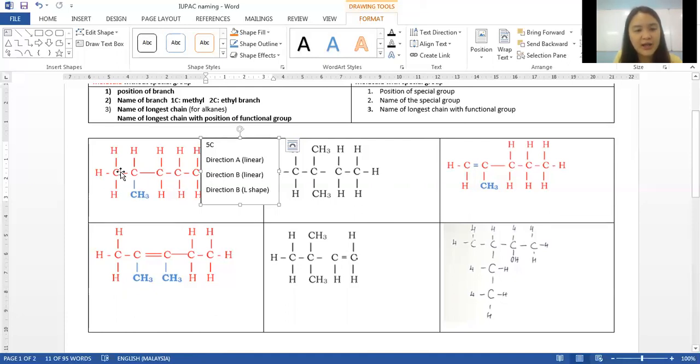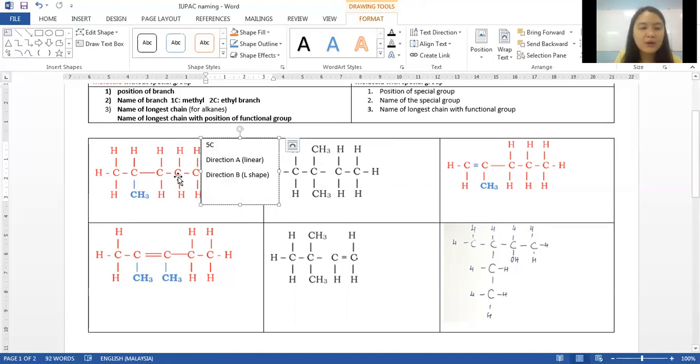If I read from direction A, this is my longest chain of 5 carbon, and my branch is at position 2. If I read from direction B, linear, this way, my longest chain has 5 carbon, and my branch is only at position number 4. So direction B is not a good option because my branch is quite far away.